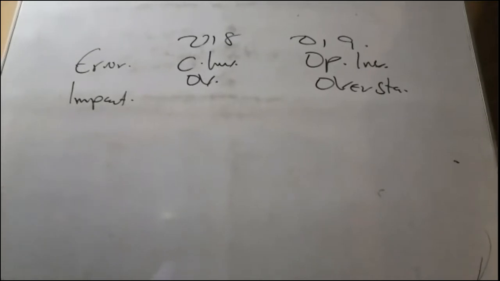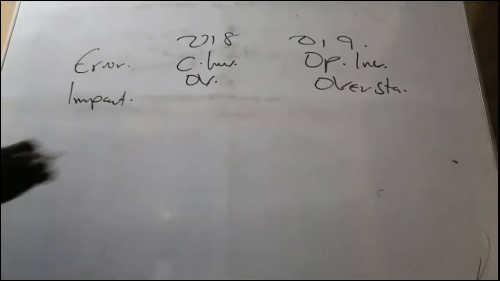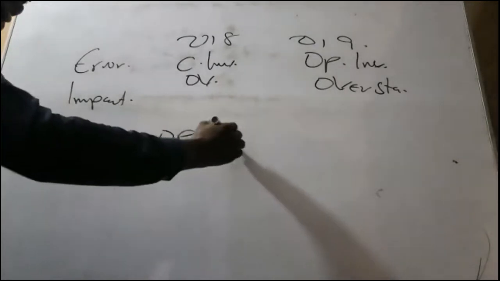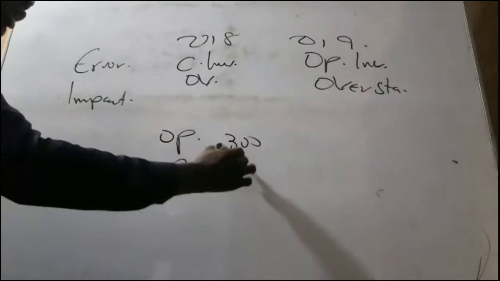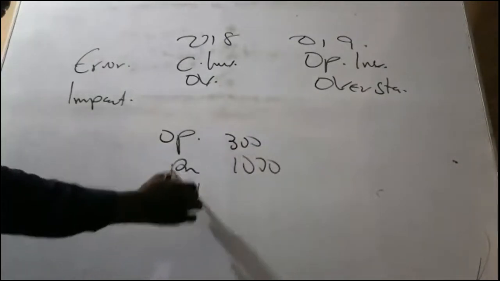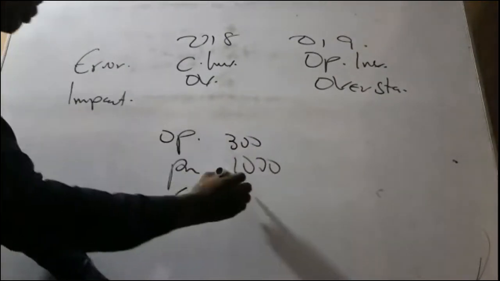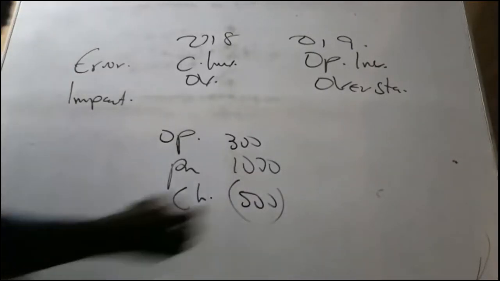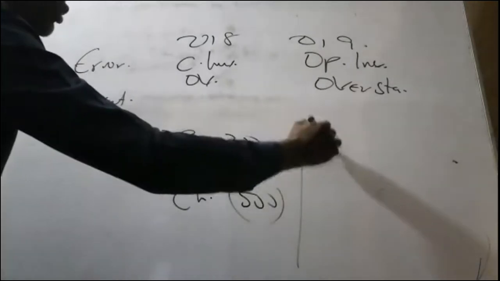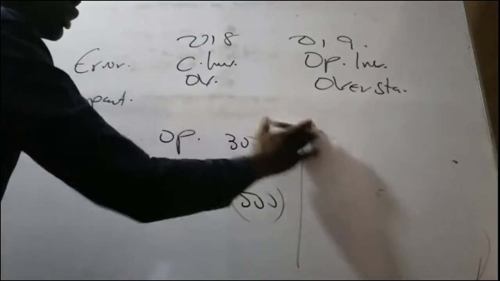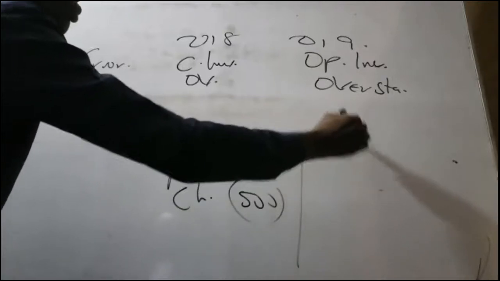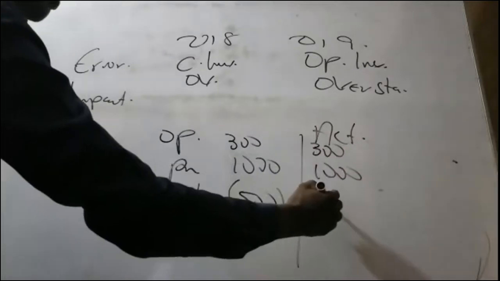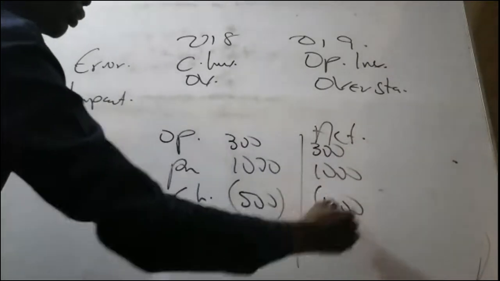Let's just cite an example here. Now, you have opening inventory of, let's say, 300. Your purchases is, let's say, 1,000. And your closing inventory, you have subtracted just 500. Meanwhile, the right one, the actual, is still 300, is still 1,000. Here must be 400.